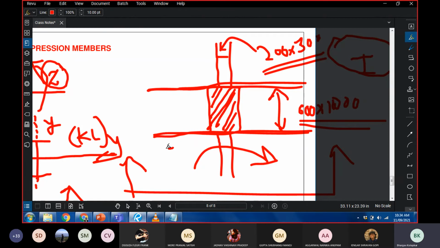When we are talking about bending of the column in this direction, it has smaller stiffness.